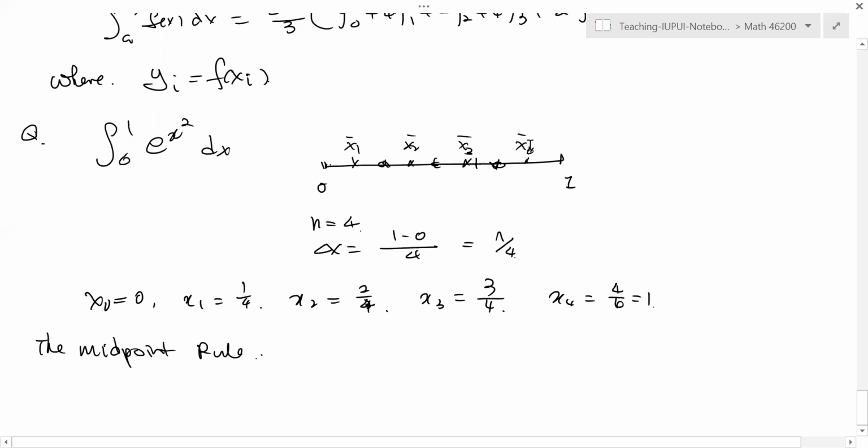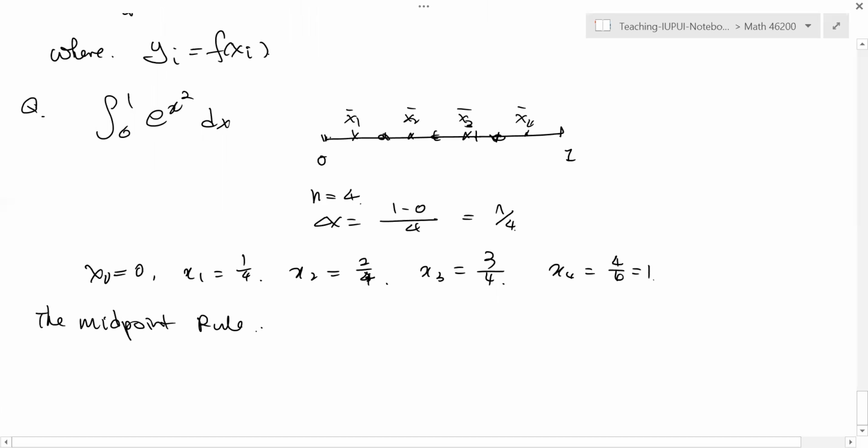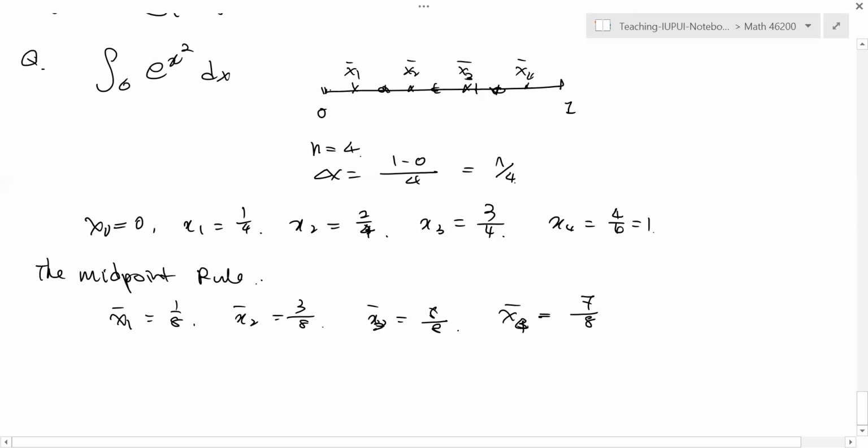It's easy to find the coordinate of each midpoint. Midpoint x1 bar is going to be 1 over 8. For x2 bar, the gap is 1/4, so it's 3 over 8. x3 bar is 5 over 8. x4 bar is going to be 7 over 8. So those are the coordinates of the midpoints.